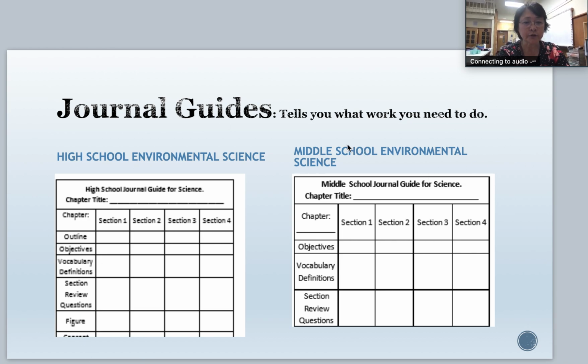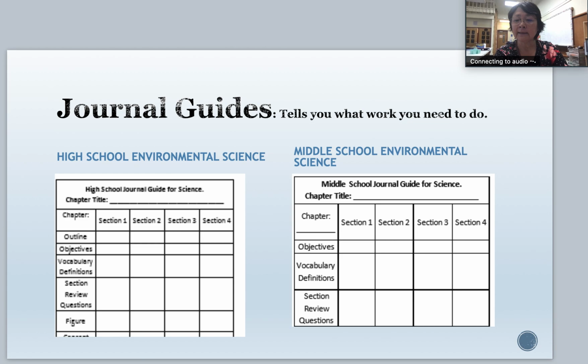For middle school students, your expectations for section 2 are to write down your objectives, get your vocabulary definitions down, and complete your section review questions.